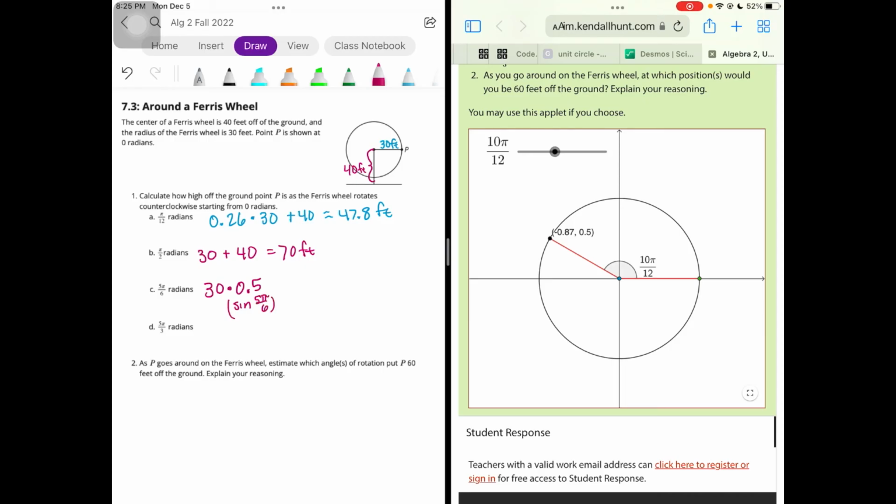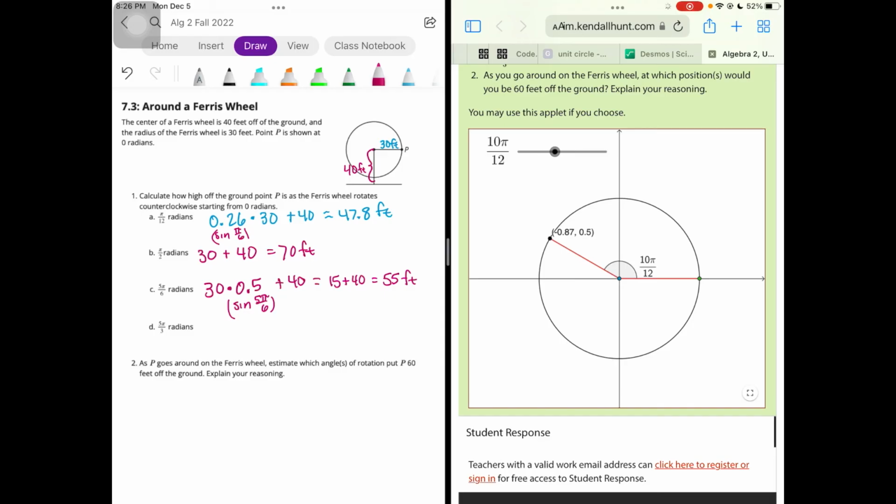And I probably should have written that up here. This was the sine of pi over 6. Plus that 40 feet that the center of the Ferris wheel is off the ground. All right, so half of 30 is 15 plus 40. So that's going to be 55 feet above the ground.